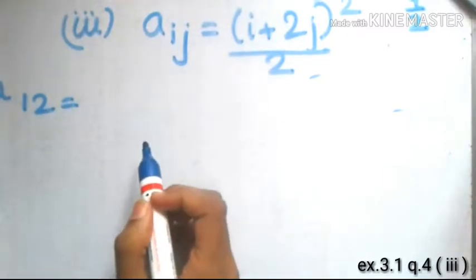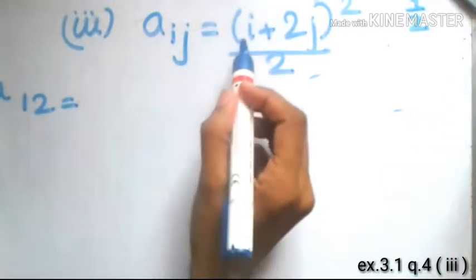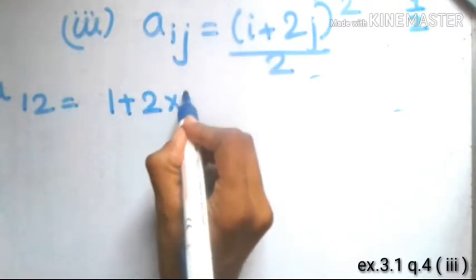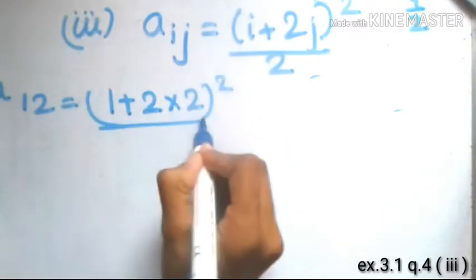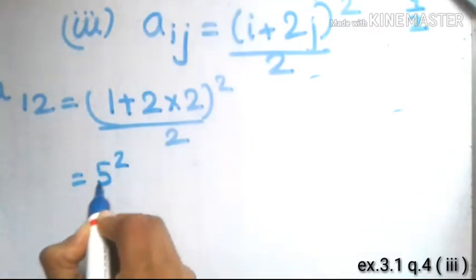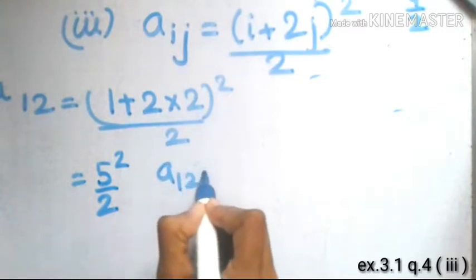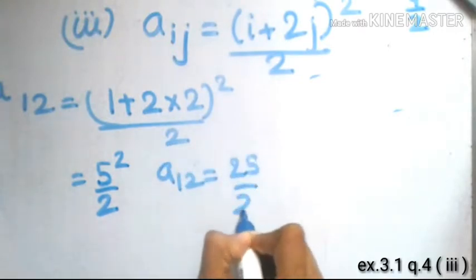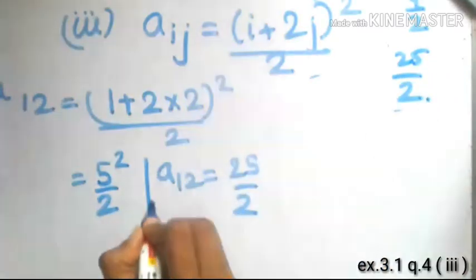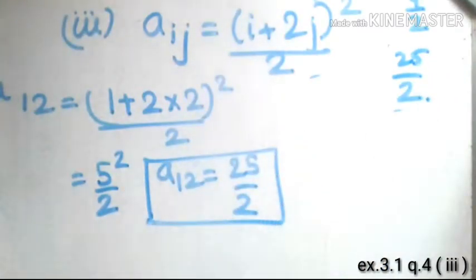How do we find the value? Again, put in the values here, i as 1 and j as 2. So I'm going to have 1 plus 4, 5 the whole square by 2. So A12 is going to be 25 by 2. Let me write that down also.